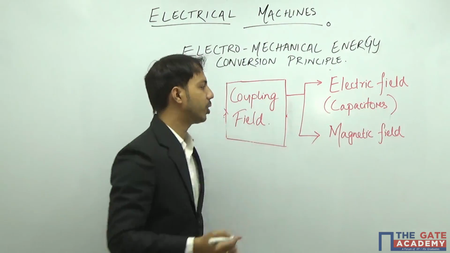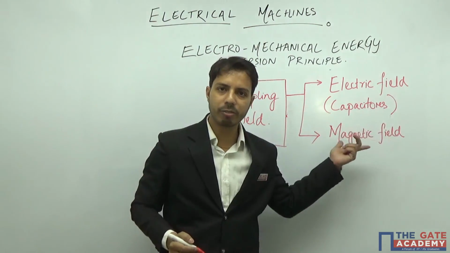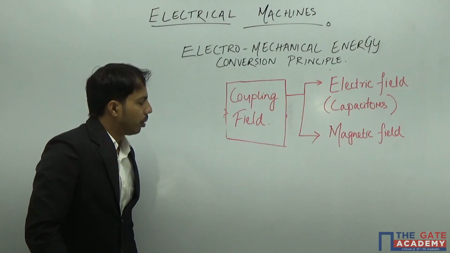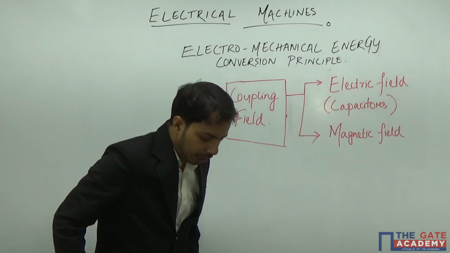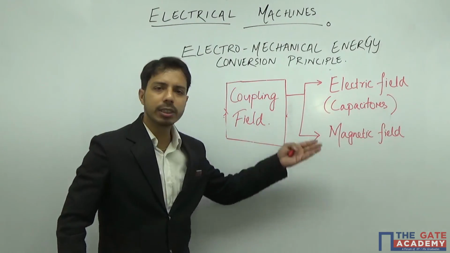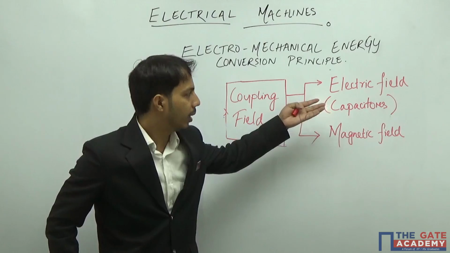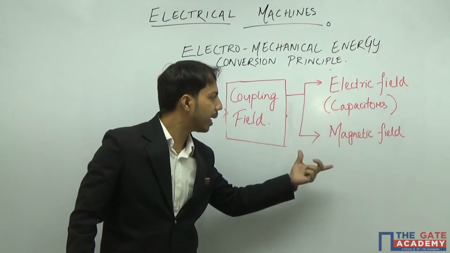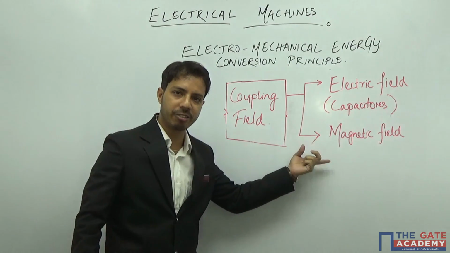There are many ways to create a magnetic field, which we will see later. The difference between them is that the energy stored in the electric field is less than the energy that can be stored in the magnetic field.